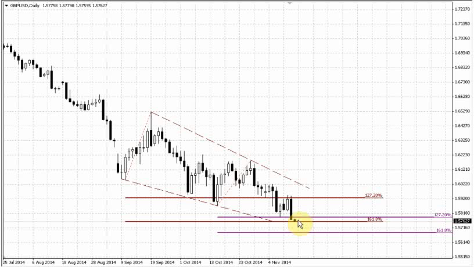But taking into consideration what we have seen on the Great British Pound recently, I'm not really counting on the reversal here. That's why it's better to be very careful with any reversal patterns and in general with the expectation of a reversal on the Great British Pound. Previously we expected to get the bread and butter buy on the monthly chart, and more pretty-looking patterns could be formed around.